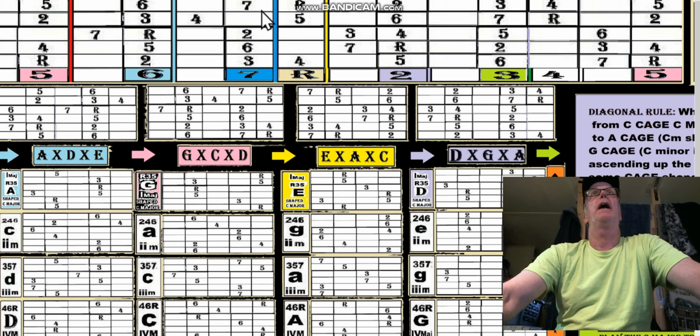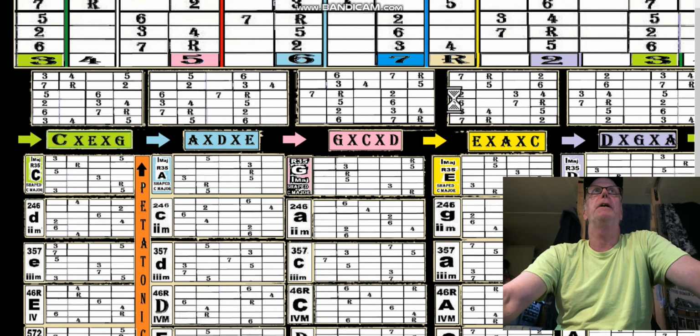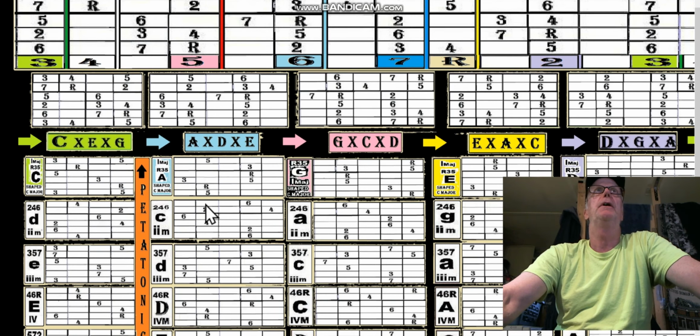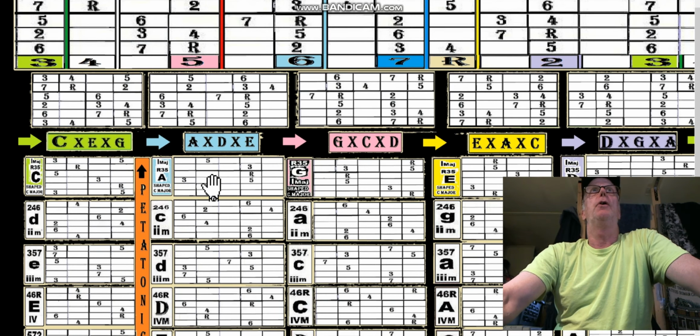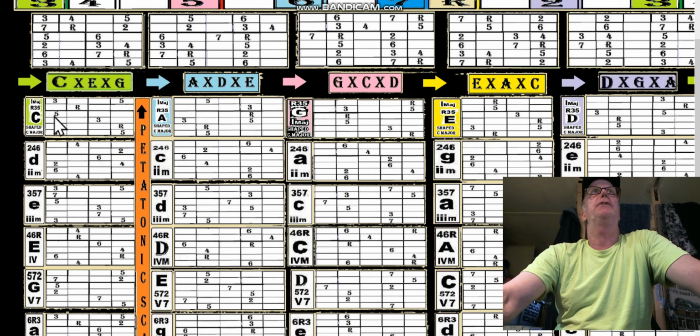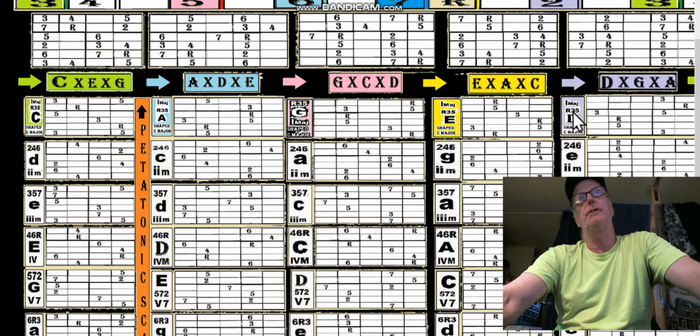So you have the half diminished as the seventh quality, and the root, or the major, where you're starting from, the major starting shape here. So you go over to each cage, it goes this way, C, A, G, E, D. It's going down a pentatonic scale.